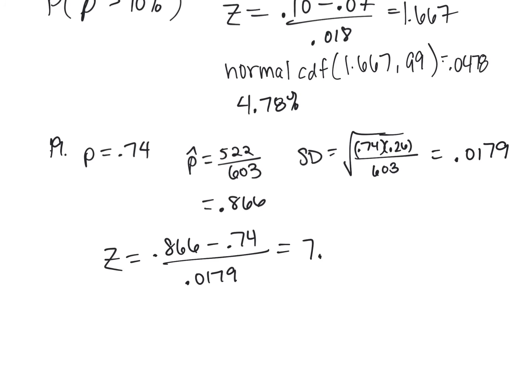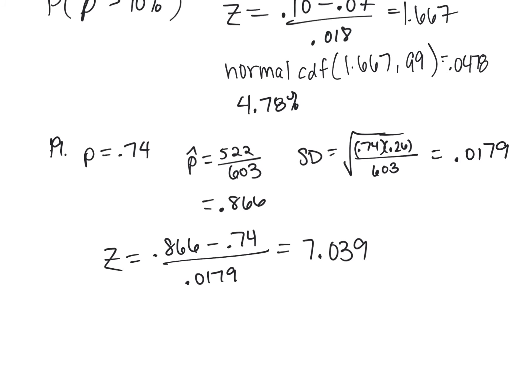So I got 7.039. Is it reasonable to say that if a school's retention rate has a z-score of 7, it's unusually high? Yes. 7 standard deviations above the mean, which is unusual because anything above 2 standard deviations above the mean only has a 2.5% chance of happening.